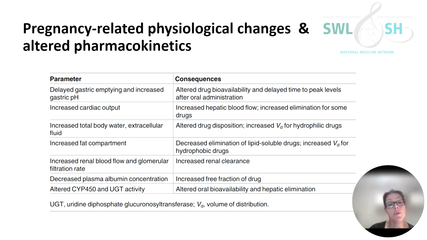Taking all of this on board and how our body handles things, we also need to be thinking about how pregnancy may affect the way the body deals with drugs. We know that in pregnancy, due to hormonal changes, there is delayed gastric emptying, and that could mean that the bioavailability of the drug, so that's the effective concentration of the drug, may alter.